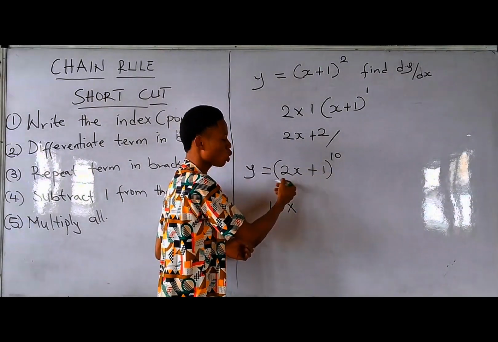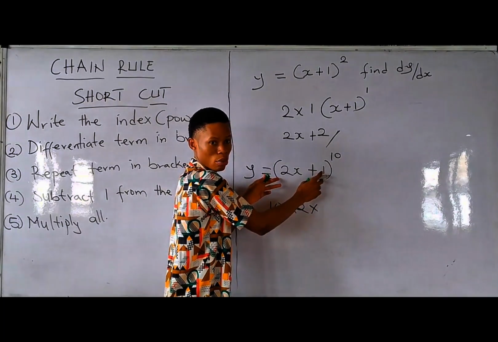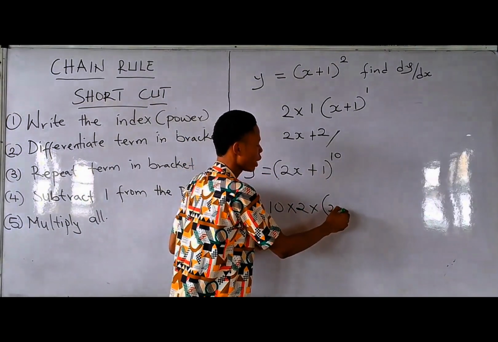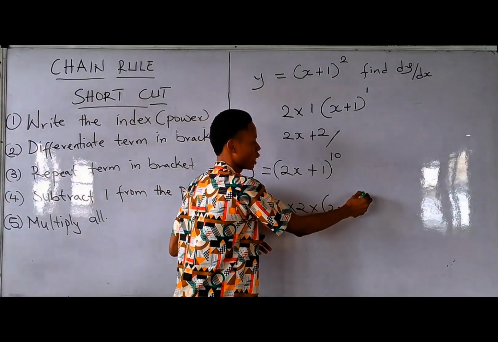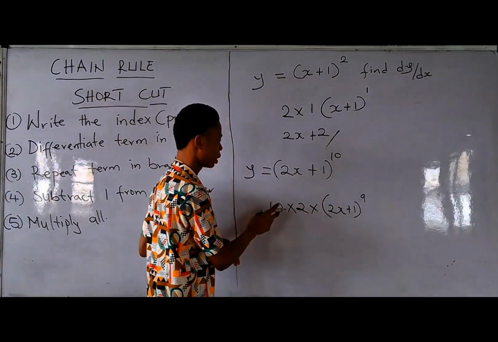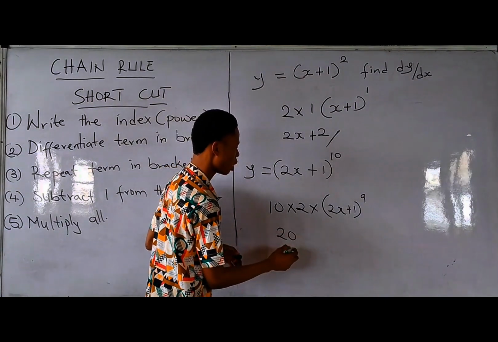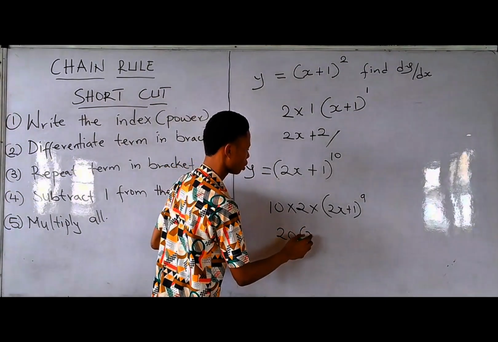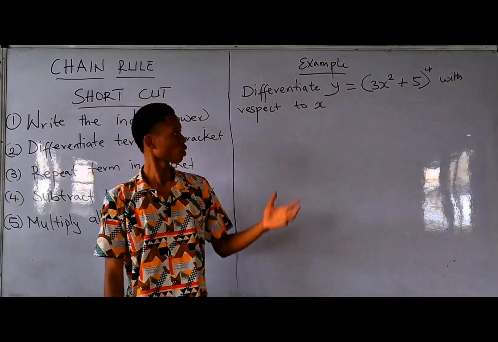So if you differentiate this, what do you have? 2 times. You retain what is in the bracket. 2x plus what? 1, right? Then you subtract 1 from the power. 9. You multiply everything. 10 times 2 is what? 20, right? So we're having 20 times 2x plus 1 raised to power 9.